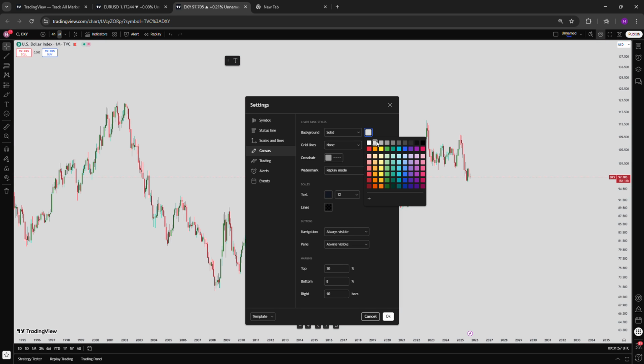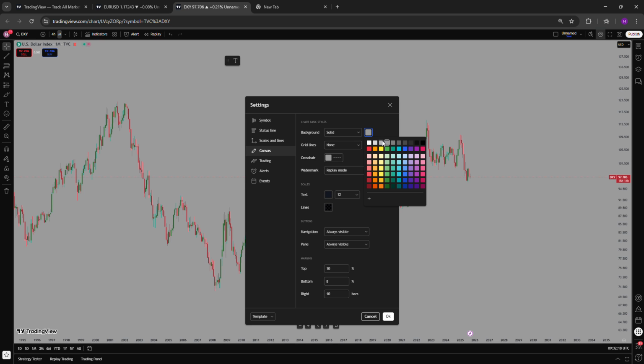I want it plain. Notice I did not use white because white is too bright and I tend to stare at the chart a lot, and I don't want too much brightness in my eyes, so I go for something a little bit dimmer but still white. Are we together? So you can go for any of these gray colors. Good.